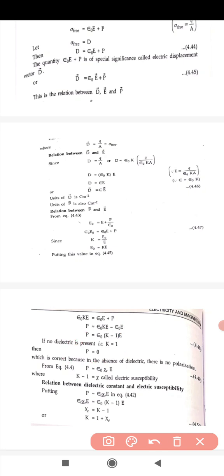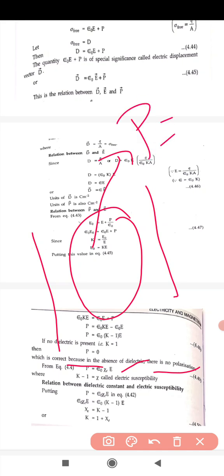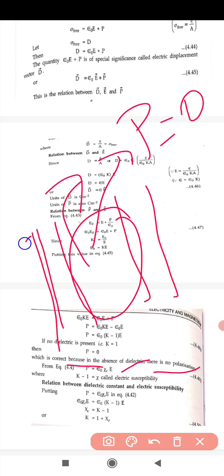This means that because of the absence of the dielectric, no polarization takes place. In the case of a parallel plate capacitor with vacuum or air in between, polarization is 0. Polarization takes place only when a dielectric material is placed between the two plates of the capacitor.